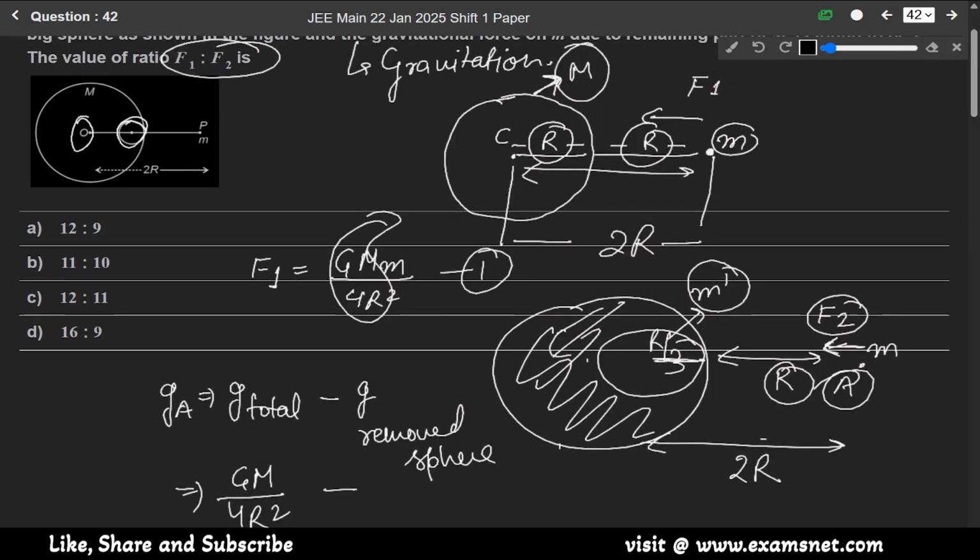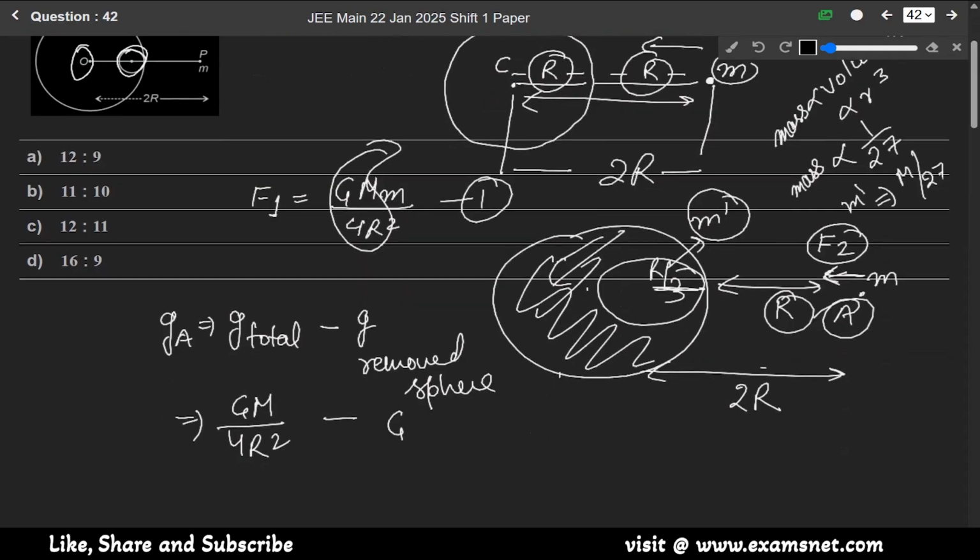As we know, mass is directly proportional to volume, which means it is proportional to r cubed. Now the radius is r by 3, so the mass will be proportional to r by 3 cubed, which means 1 over 27. So m prime will be equal to M over 27. So here we will write G into M over 27 over this r squared.